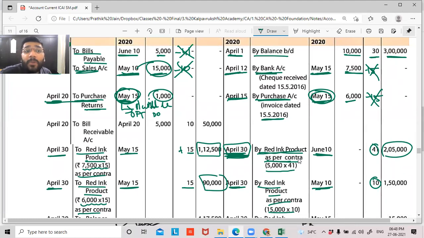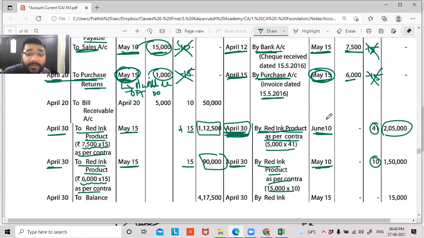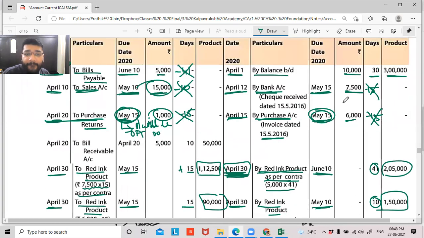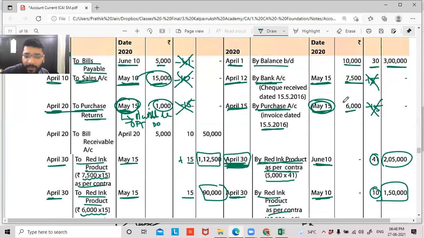Now, if you take the number of days here, guys, since the due date is falling after the account current statement date, the number of days will become negative. If you don't want negative, take this to the other side. April 30, buy reading product as per contra, May 15 due date, 15 days. 1,000 rupees is the purchase return amount into 15 days, 15,000 rupees. Tell me, guys, comfortable, not comfortable? Comfortable, sir. Please note this down. I'll proceed forward.